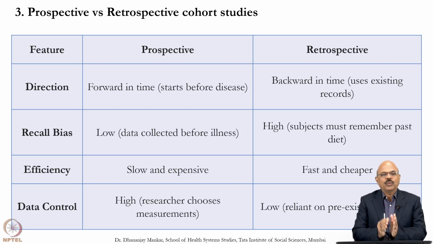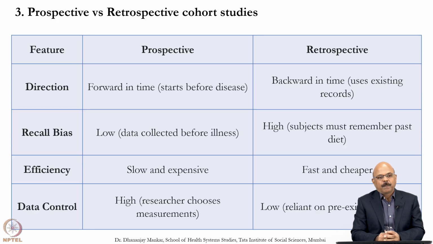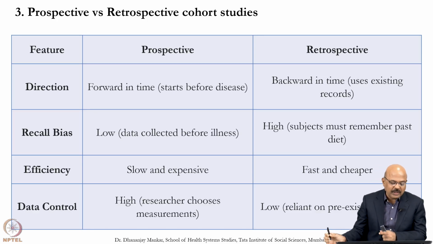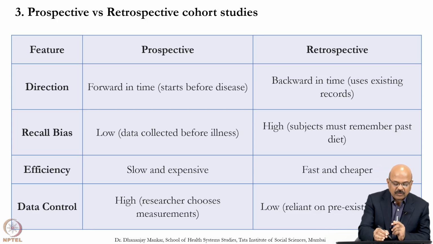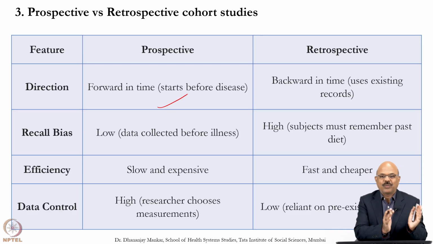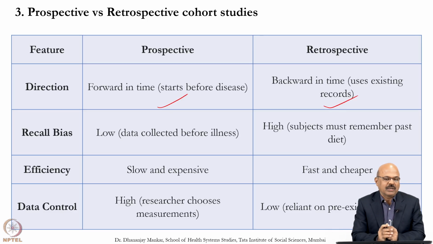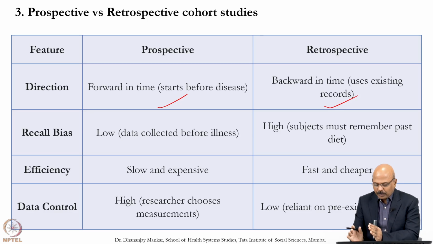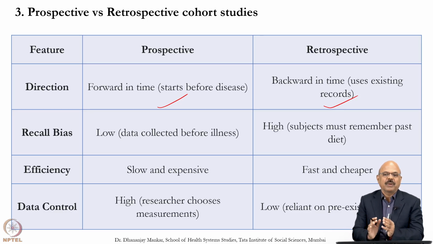What are prospective versus retrospective cohorts, in terms of differentiating? In a prospective study, the direction is forward in time, starting before disease, whereas in a retrospective study it is backward in time, and you are taking the previous data. The recall bias in the prospective study is low because data is collected before illnesses, while in the retrospective study subjects must remember past diet and give you accurate information, so the recall bias is very high.